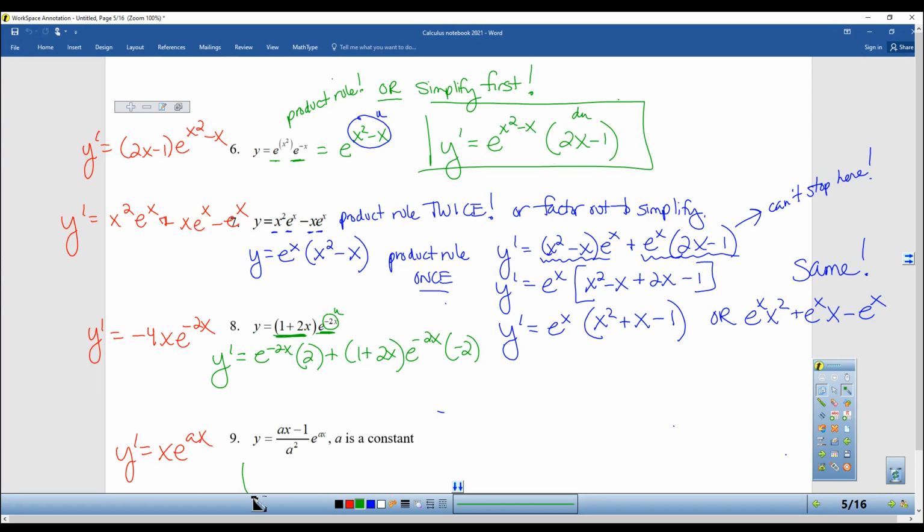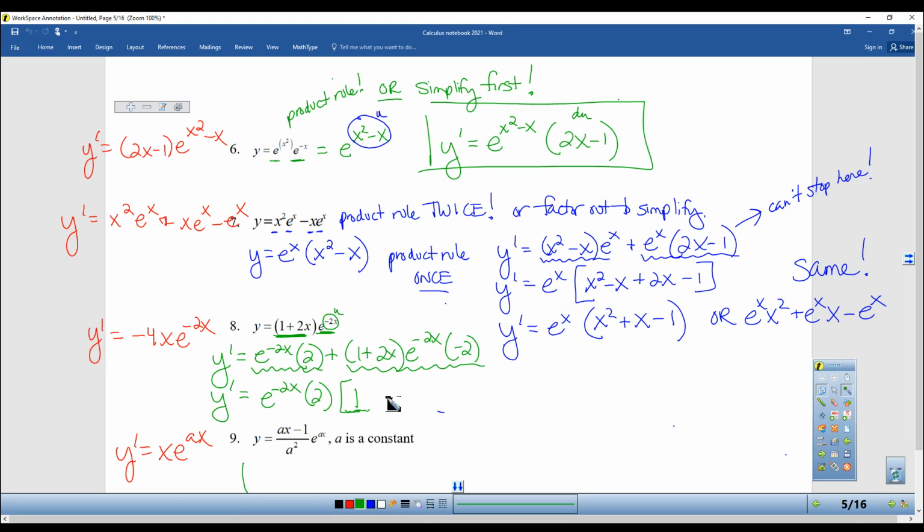So now I'm going to factor out. So I have two pieces, and I see that they both have an e to the negative 2x. They both have a 2. When I take those things out, I'm left with a 1 here, because I took everything out, but there's still a 1 there.